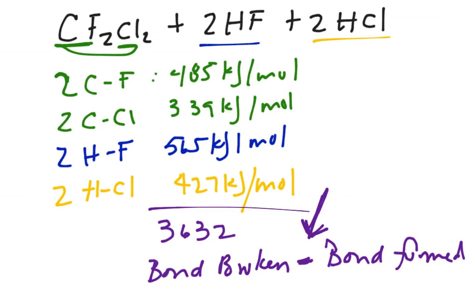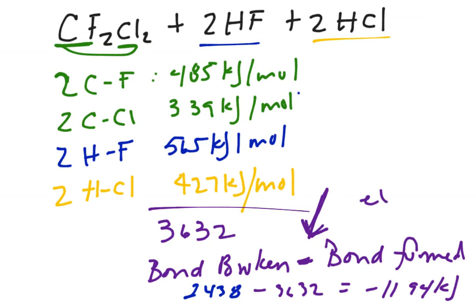So this minus is what is going to do that for us. We said that my bonds broken were 2438. My bonds formed were 3632. So I get negative 1194 kilojoules. So this is an exothermic reaction, and you would expect this to go forward.